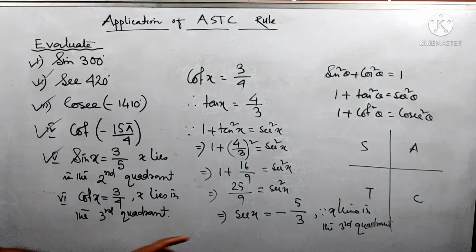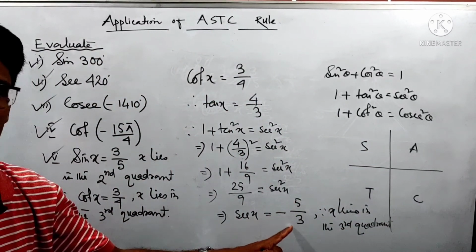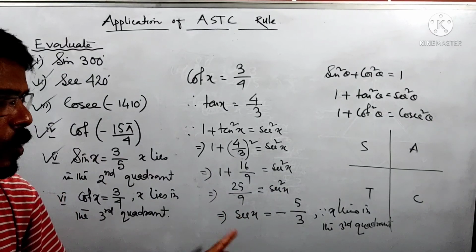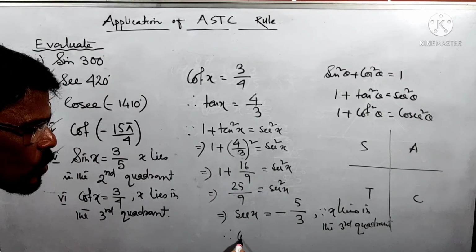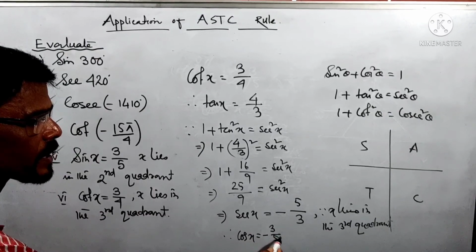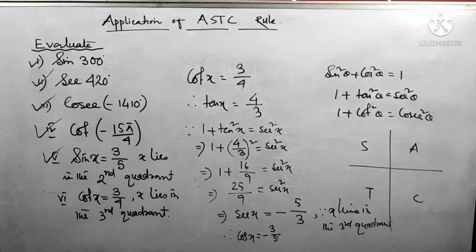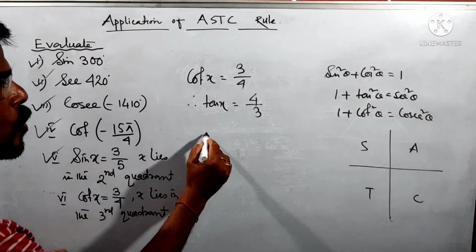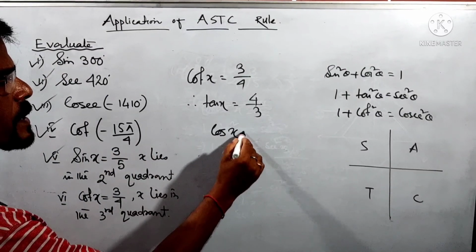Since sec x equal to minus 5 by 3, its opposite is cos, therefore we can write cos x equal to minus 3 by 5. Thus we have cos x equal to minus 3 by 5.